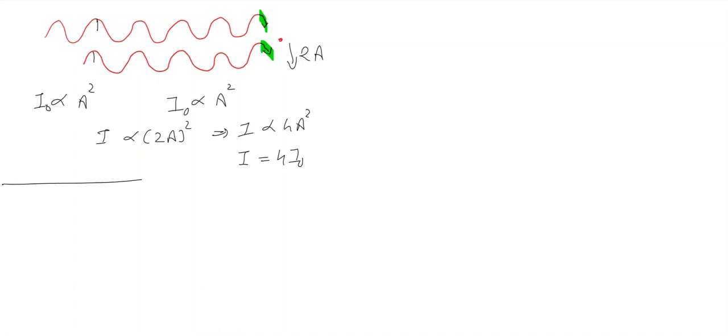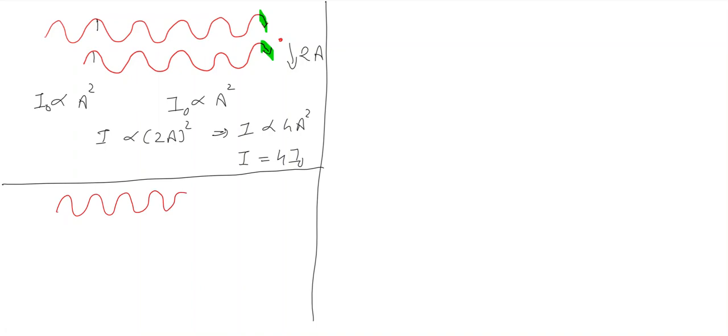And let us take another situation. What if one wave is reaching a particle like this, and the other wave is reaching the same particle at the same time, but in this way? What will the poor particle do? In this case, these two waves again we are considering identical, so I0 is proportional to a square. What is a?